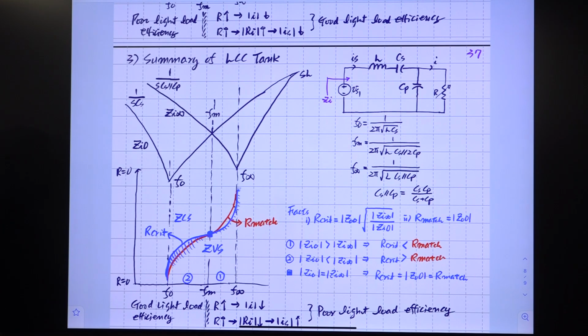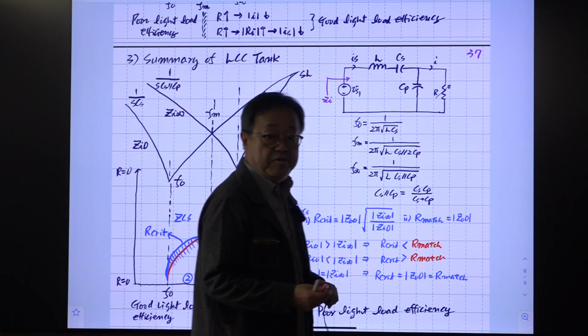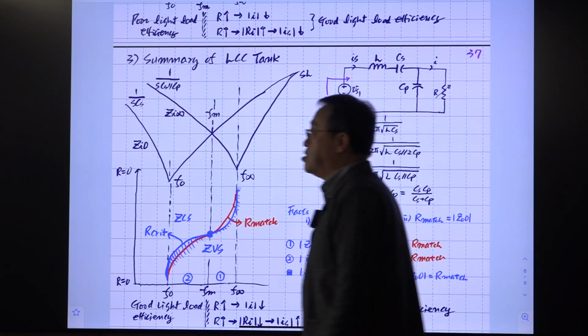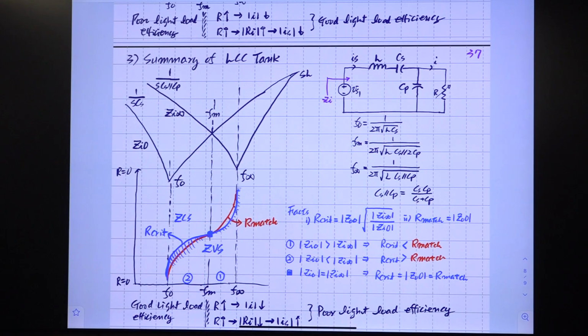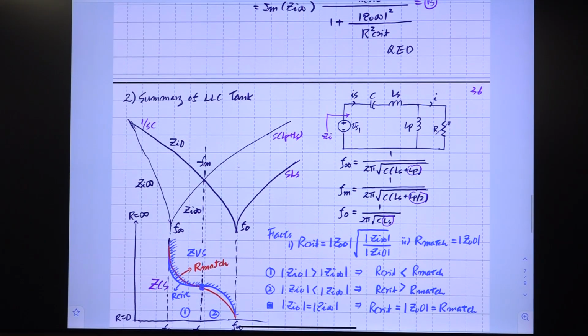Okay? So again, it definitely says this LCC is best for the minority carrier switches, and for the majority carrier switches, for low power applications, you should use LLC. Right?